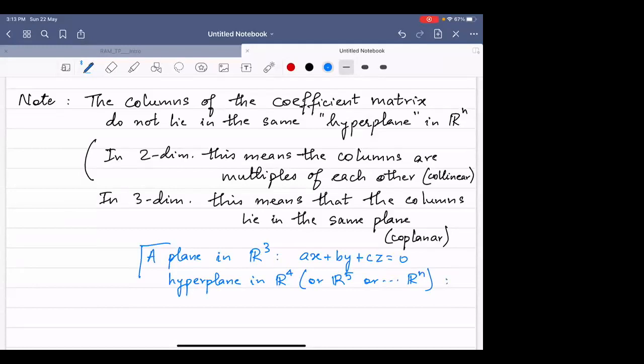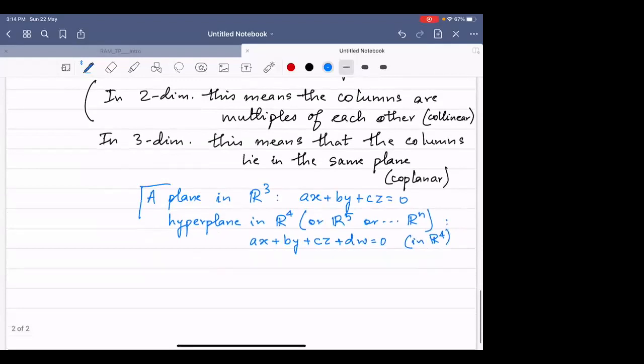Then the equation will be given by, if I'm saying R4, then I have 4 variables, say x, y, z, w, right? So it will be ax plus by plus cz plus dw equal to 0. This is the equation of a hyperplane in R4. Equation of a hyperplane in R5 would have 5 variables x, y, z, w, u, let's say, plus dw plus eu equal to 0.